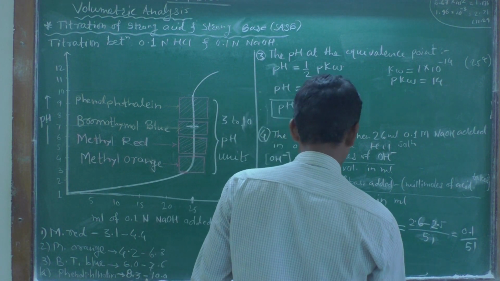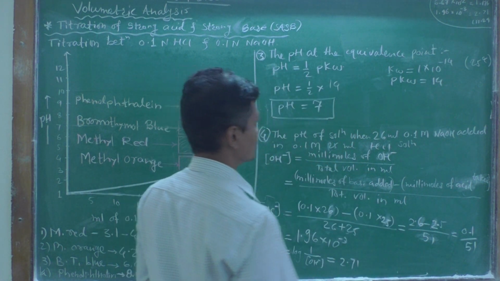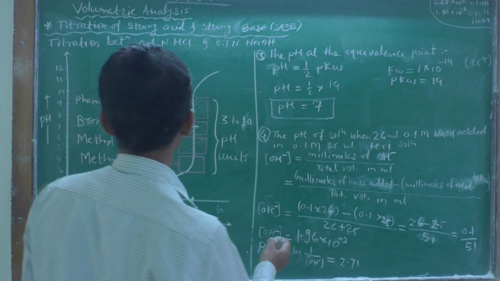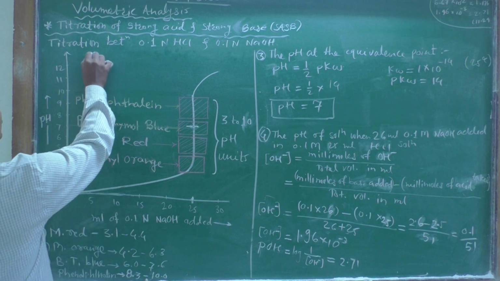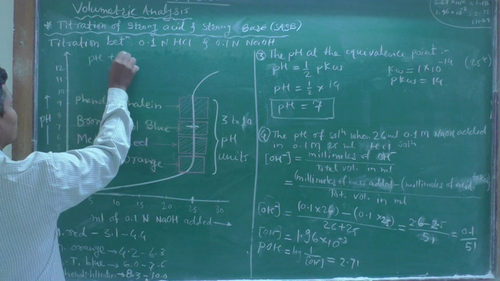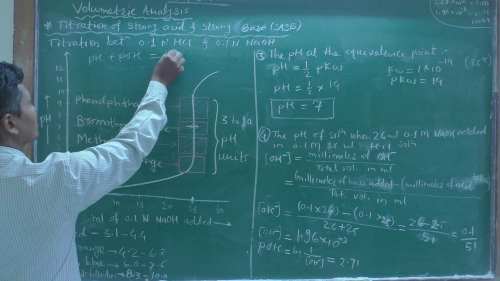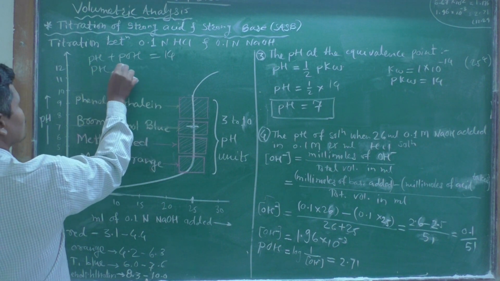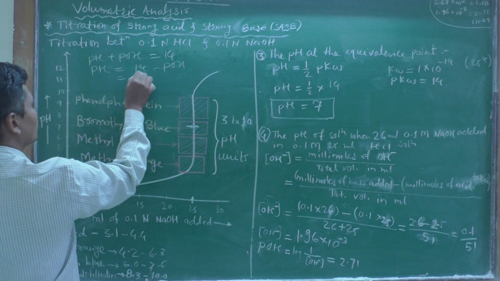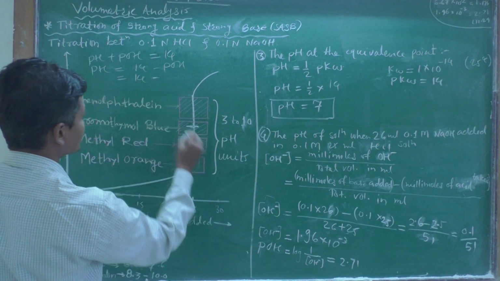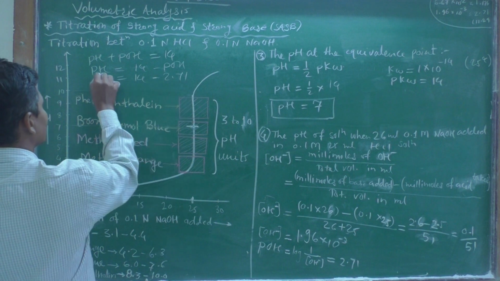So now we have to calculate the pH. So what is the relation between pH and pOH? I can write here: pH plus pOH is equal to 14. Now we have to calculate pH. So pH is equal to 14 minus pOH, which is 14 minus 2.71.